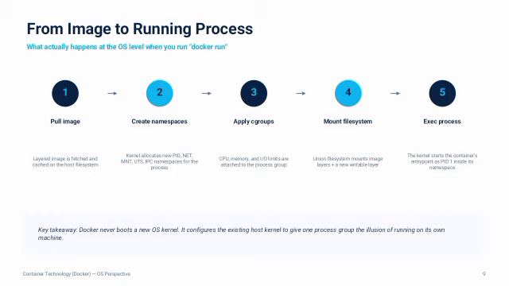Cgroups are attached to the process group, applying any CPU or memory limits you specified. Step 4. The union file system mounts the image layers plus a new writable layer. Step 5. The kernel finally executes the container's entry point program as PID 1 inside its own isolated namespace.